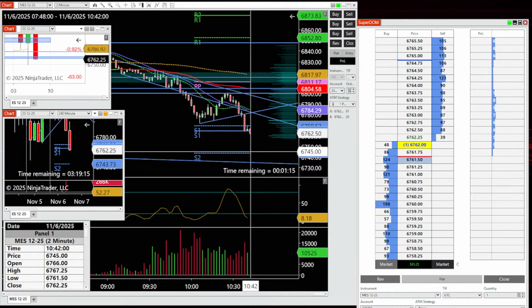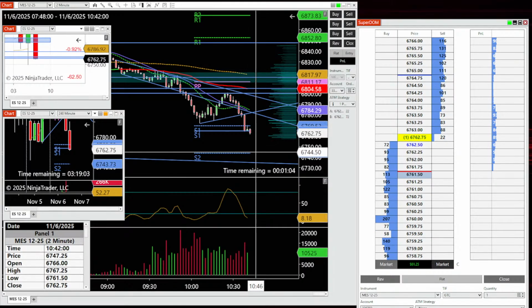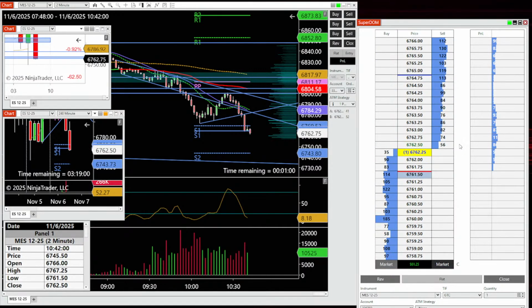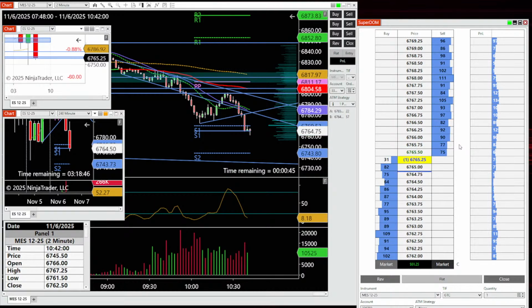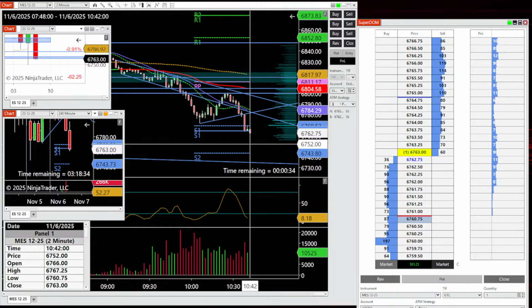High is 67.25. There go, what a pop. A bounce off of 60. We got a mean bounce off of 60.